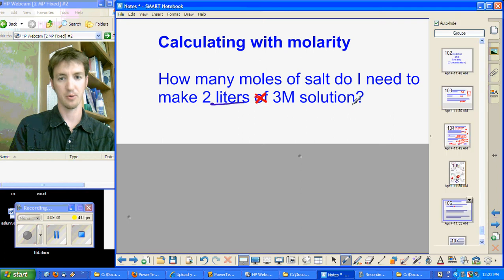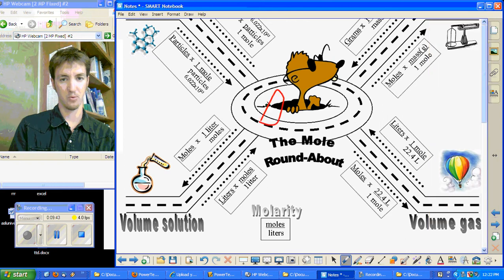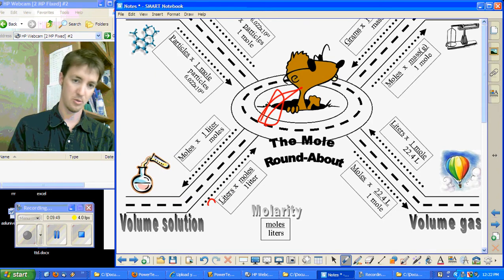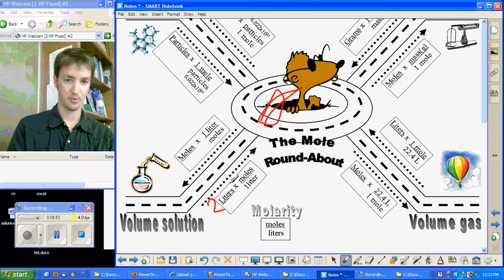So looking at your mole sheet, I want to end up at moles. So I know my volume is 2 liters. I have a 3 molar solution, so that is 3 moles per liter. So 2 liters times 3 moles per liter equals 6 moles.